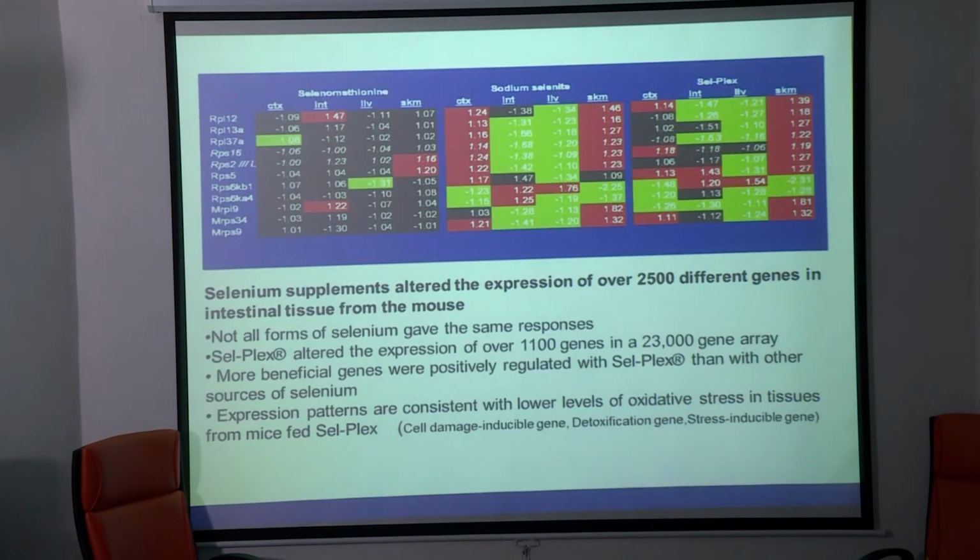And what they observed was that Celplex altered the expression of 110 genes as compared to the other salts which were given. And the expression pattern was consistent with the low levels of oxidative stress in the tissue. So the kind of impact it did and the number of genes which were upregulated, both were seen with a specific kind of salt. So you can recommend this is better for combating the oxidative stress in individuals.